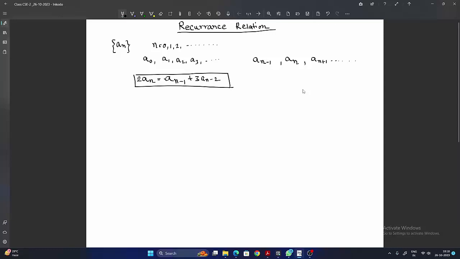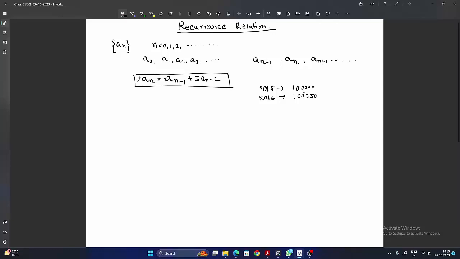It is a relation which involves some terms from the sequence. Suppose in a particular region we count the population. Suppose in 2015 the population is 1 lakh in a particular region, and in 2016 the population is 1 lakh 350, so there is an increment of 350 there.